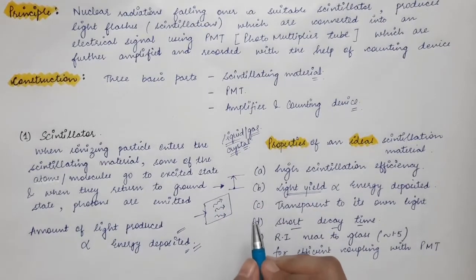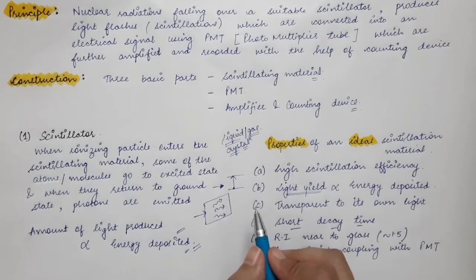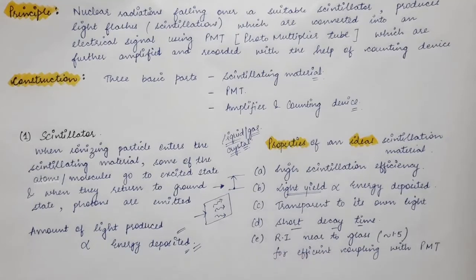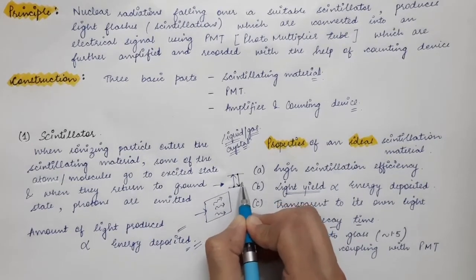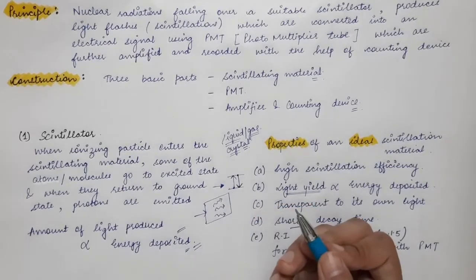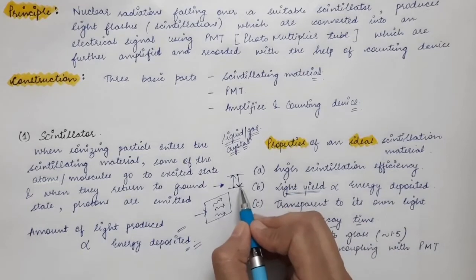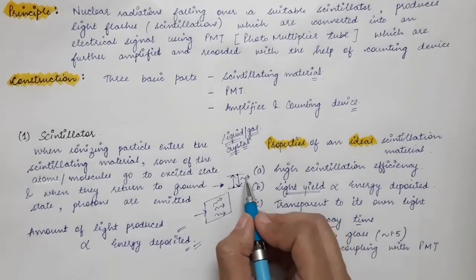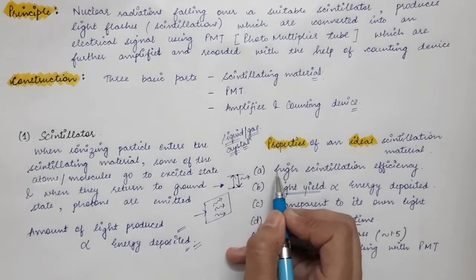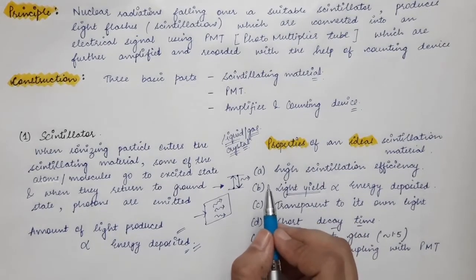To detect a high counting rate, these atoms must go to the ground state immediately. In a very short amount of time, they must go to the ground state and emit a photon. This photon will go to the PMT and an electric pulse will be generated.